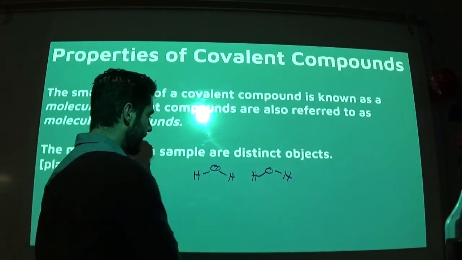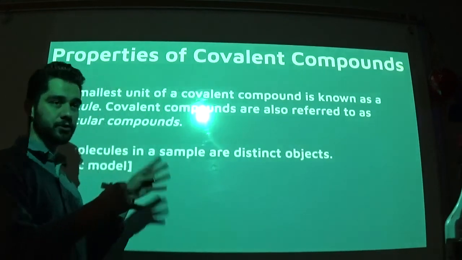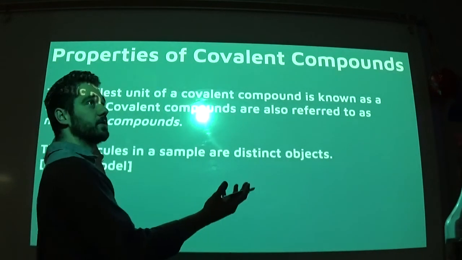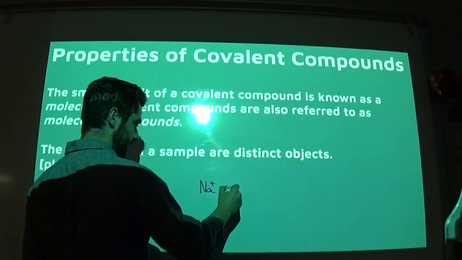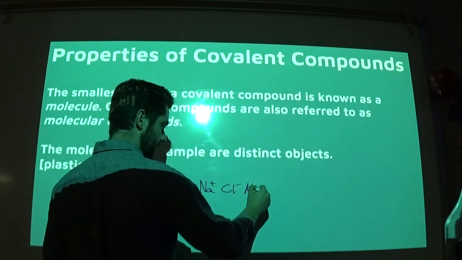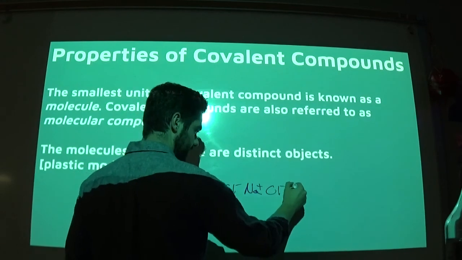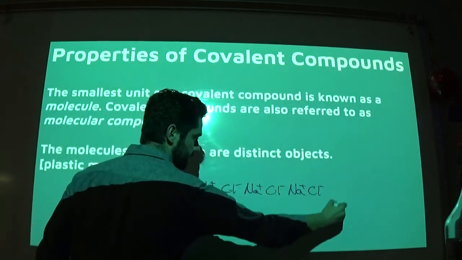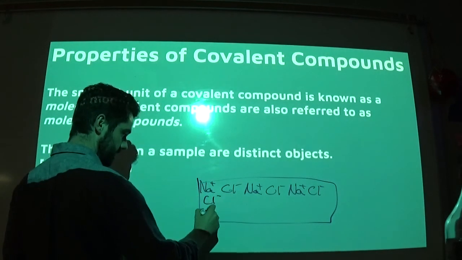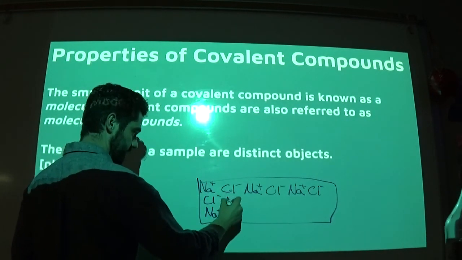Now, if I had an ionic compound, which I'll show you later, like sodium chloride, like salt, what you basically have is a sodium, then a chloride, and then a sodium, and a chloride, in a big grid. Chloride, sodium, chloride, sodium.